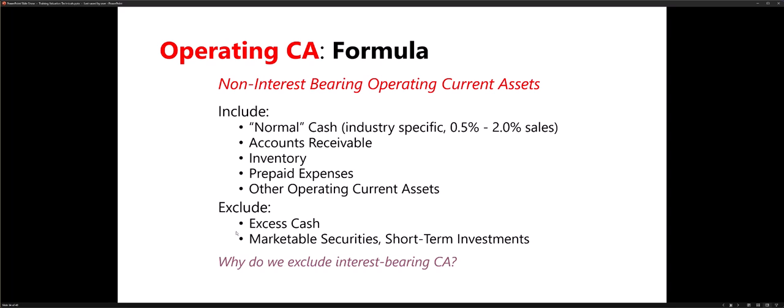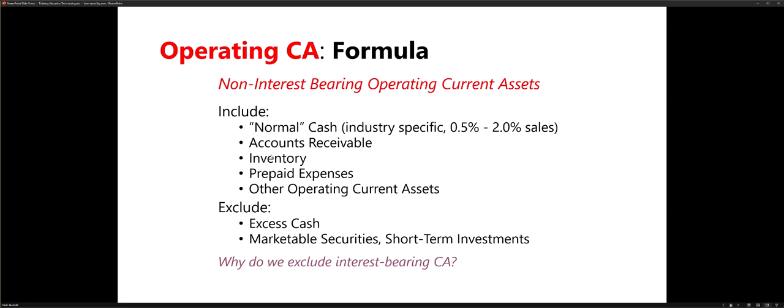It excludes excess cash, marketable securities. And why do we exclude marketable securities? Because that's interest bearing, that you make money out of investing, because we're not in the business of making short-term investments. We're in the business of making money out of laundry, right?